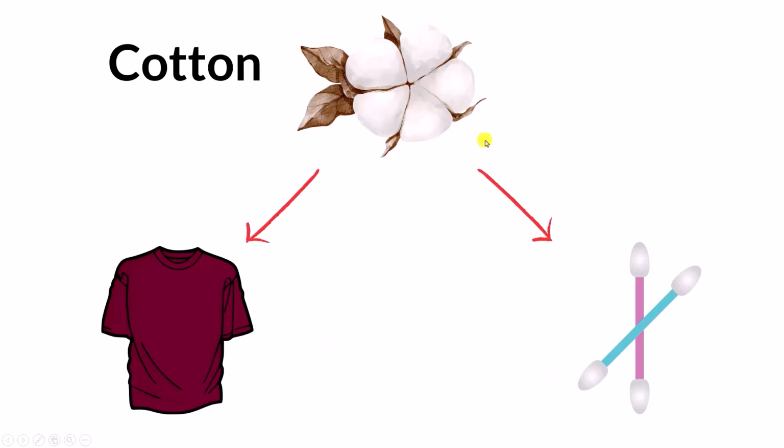If the price of cotton decreases, then the price of the items derived from cotton decreases. So these two are derivatives of cotton. Cotton is the underlying asset. Milk is the underlying asset. These are the derivatives.